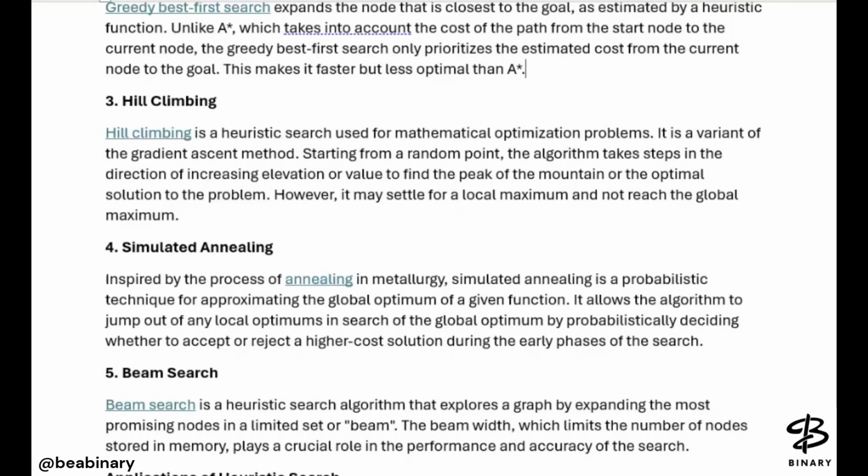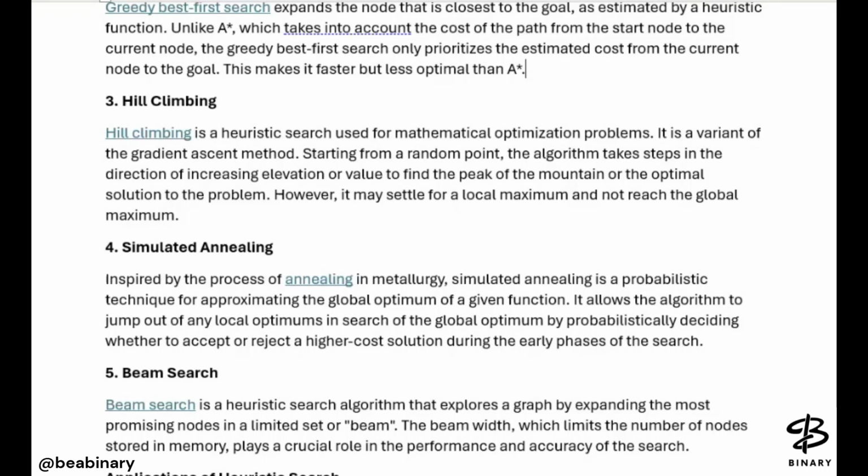We have discussed the peak value and the elevation. We have seen one diagram which shows the peak of a system. So the hill climbing algorithm is used as a local search algorithm which continuously moves in the direction of increasing elevation to find the peak of the mountain, or the best solution to the problem.